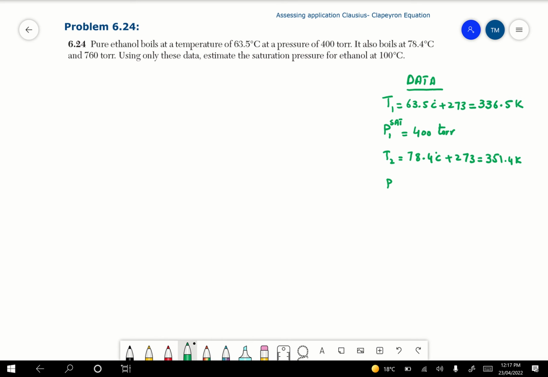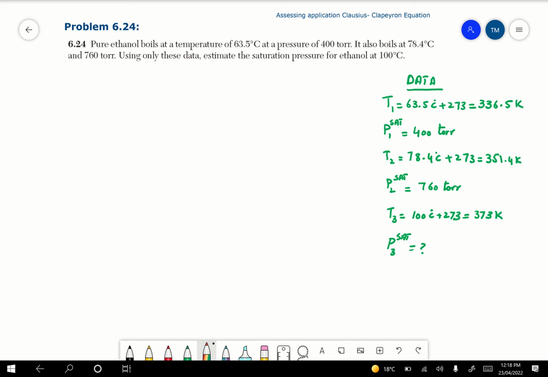And P2 sat is 760 torr. Now, estimate the saturation pressure for ethanol at 100 degrees Celsius, which is T3. We can convert this into Kelvin by adding 273, which is 373 Kelvin. And P3 sat is unknown. We need to calculate this.